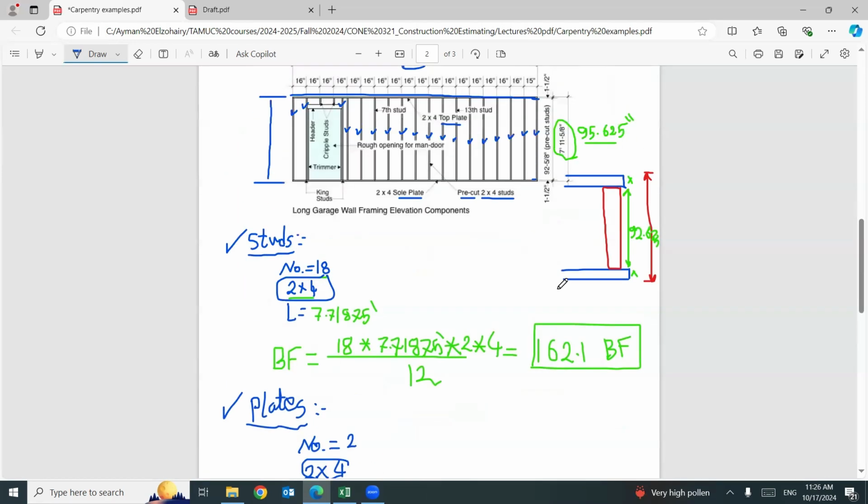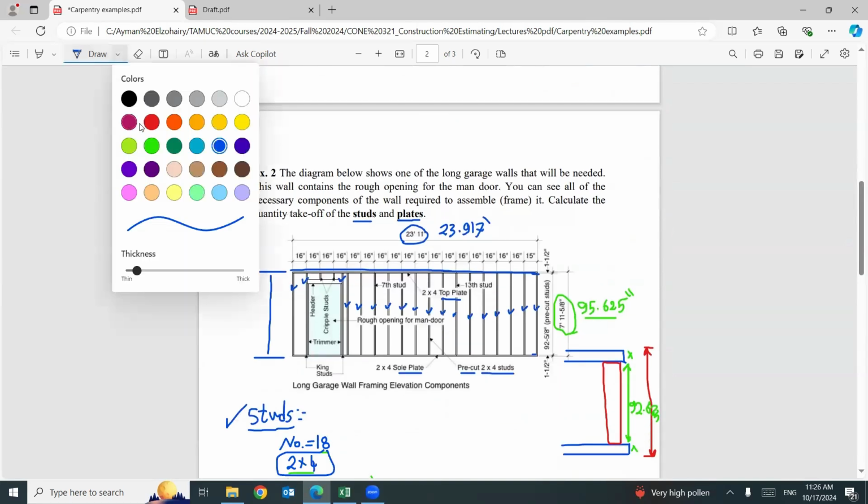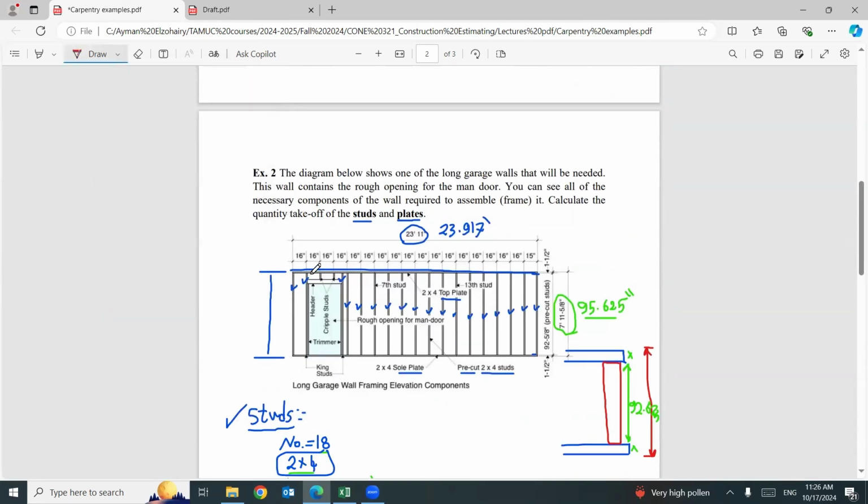That makes sense? It's not required in this example, but as you know, if we are going to construct this framing system, we are going to add a board from this side and one board from the other side, sheathing to the wall.